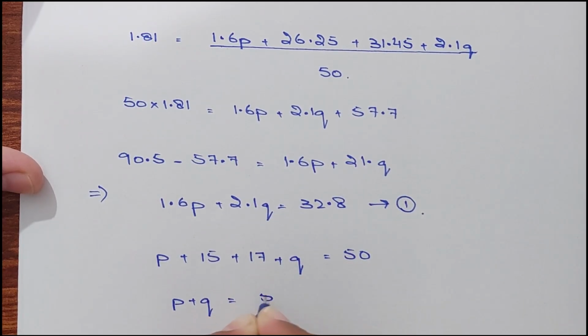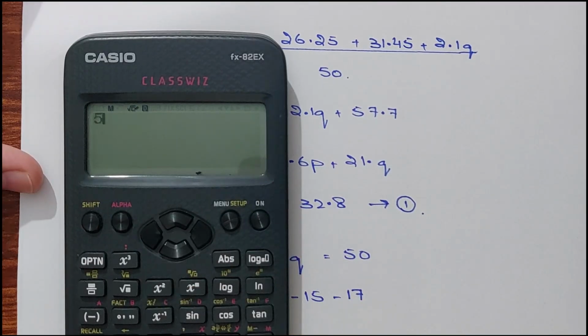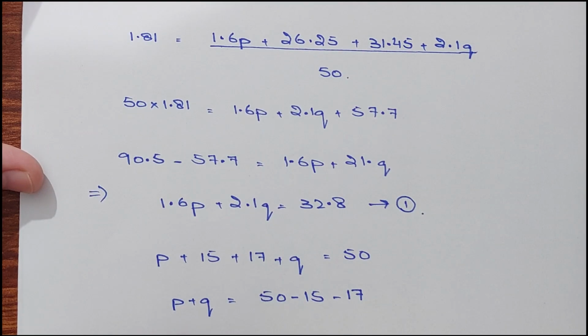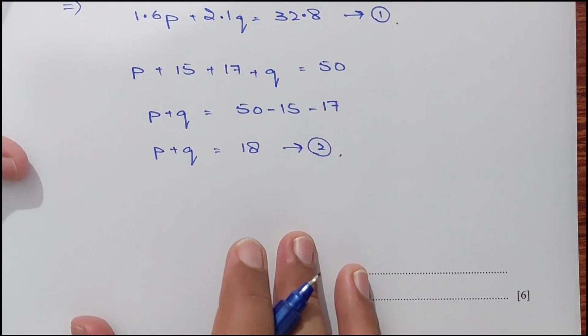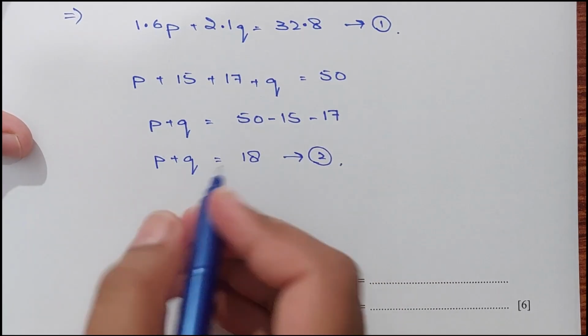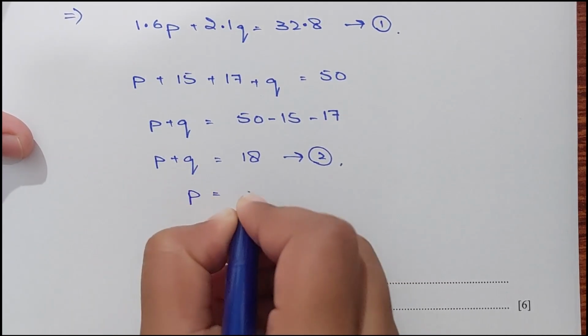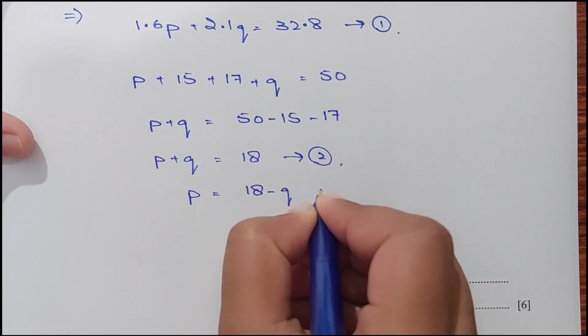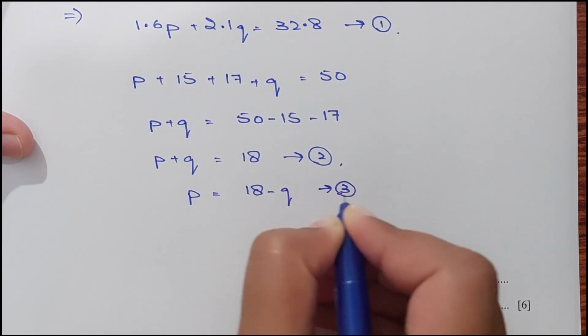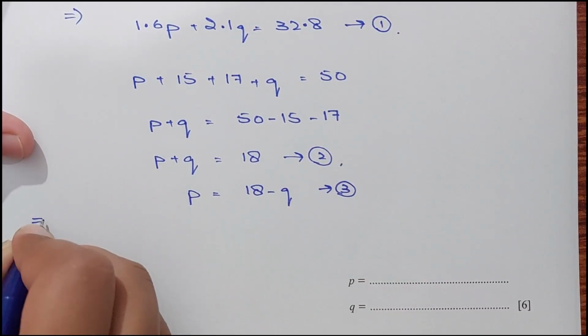P plus q is 50 minus 15 minus 17, which is 18. So p plus q equals 18. That is my second equation. So we have two equations and two unknowns. We can easily work on it. So p is 18 minus q, this is my third equation. Let me plug that third equation into my first one.